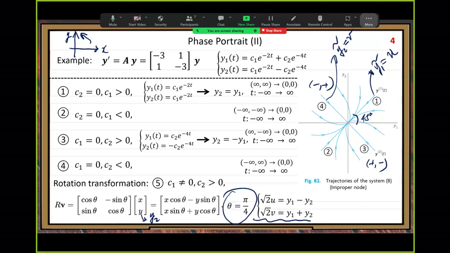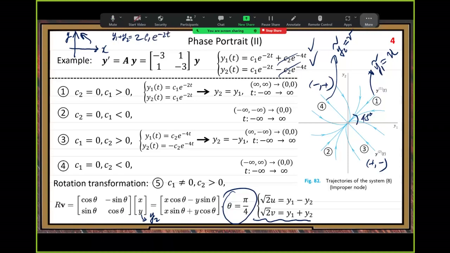Let's calculate y1 plus y2. You cancel out the C2 terms, right? So y1 plus y2 gives you 2 C1 e to the negative 2t.